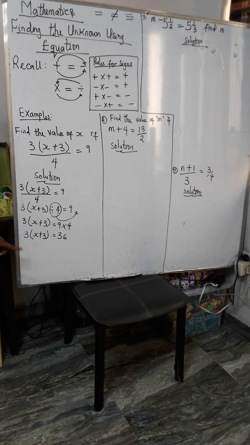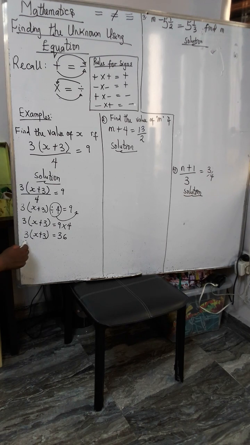To clear the bracket, I'm going to use the term closest to the bracket to multiply everything I have inside the bracket. And what are the things I have inside the bracket? I have x, and I also have plus 3. So I'm going to use 3. I'm going to do 3 times x, and at the same time 3 times plus 3.